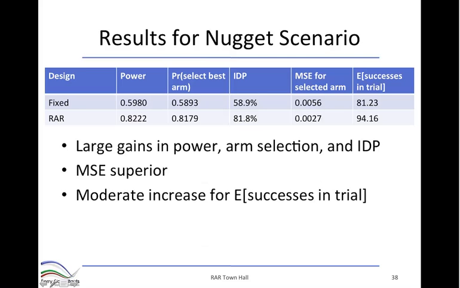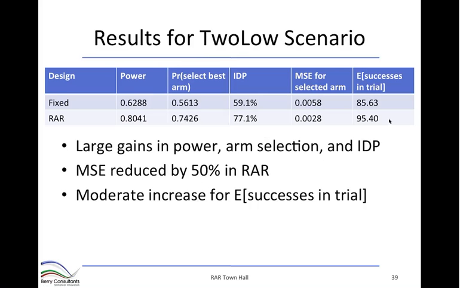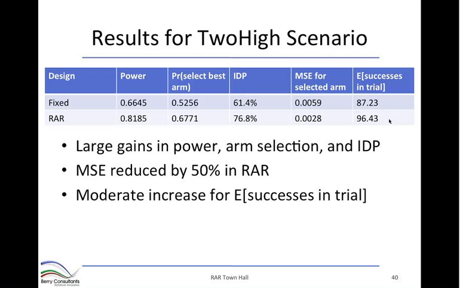Mean square error, again, drops in half. And here we get a little bit more of a benefit on the expected successes in the trial. Again, there are so many null arms that getting away from those active null arms is valuable. I'm not going to spend a lot of time on this, but the too low scenario is essentially qualitatively similar. Higher power, 50% reduction in mean square error, dominates, and the too high scenario, similar kind of story.